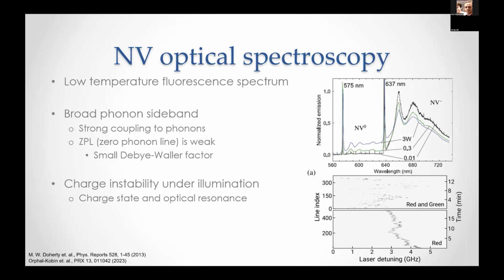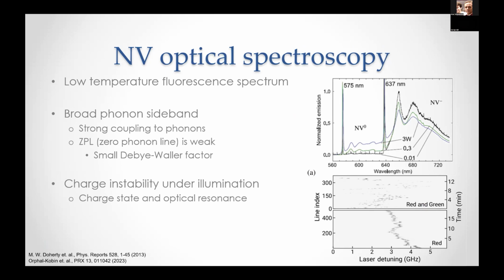I also just wanted to mention, and maybe I'll mention this a little bit later on, that if we are talking about optical coupling and coherent versus incoherent optical emission, it's very interesting to look at the line width and also the line center of the emitted fluorescence from the NV.